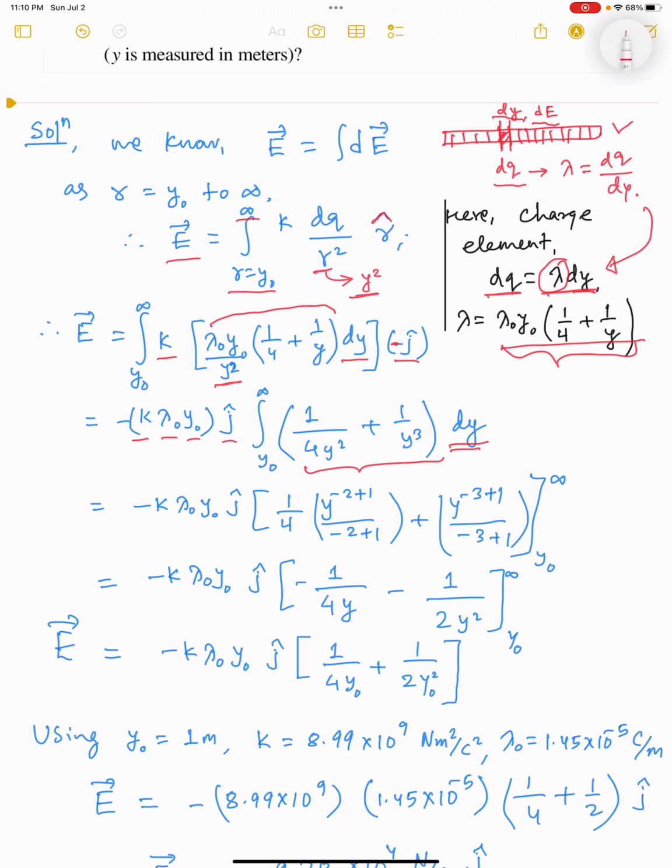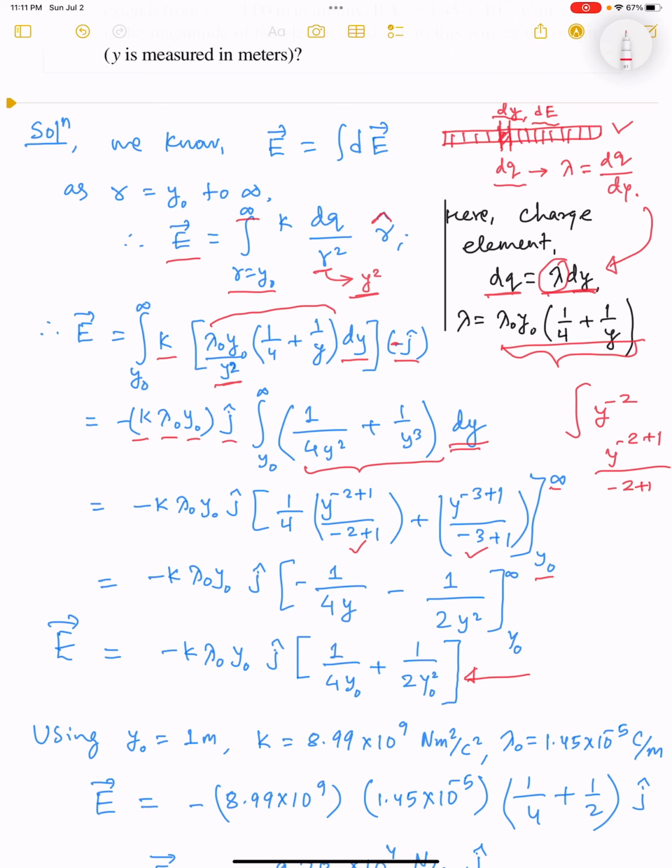You can write 1 over y squared as y power minus 2, and the integration of this will be y power minus 2 plus 1 over minus 2 plus 1. The range of y is from y naught to infinity, so you can use the limits of integration here.